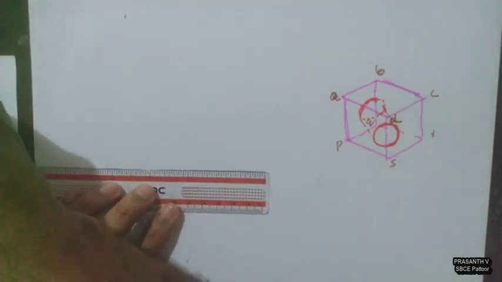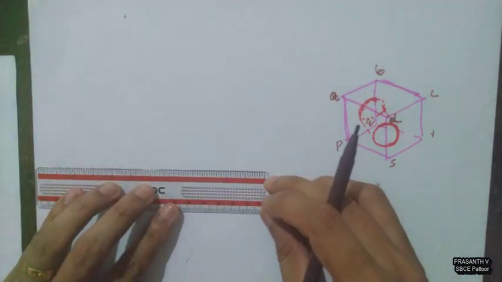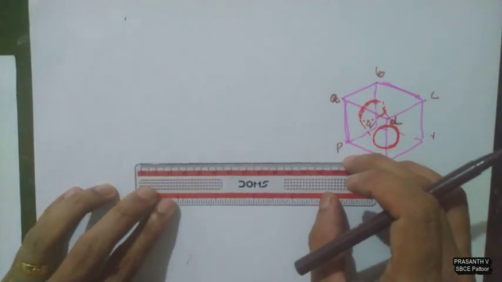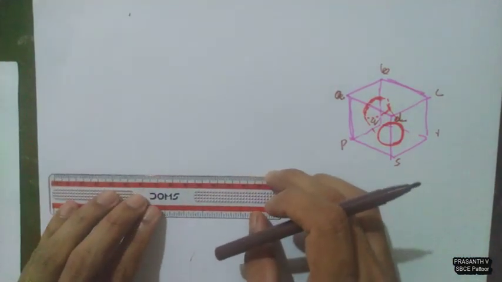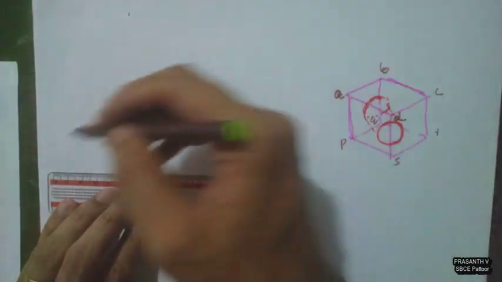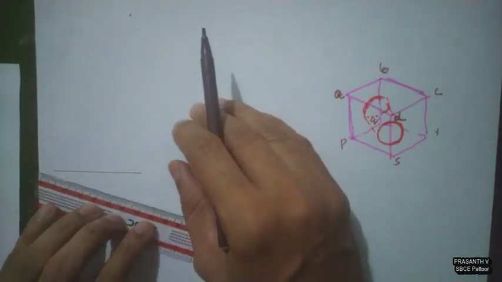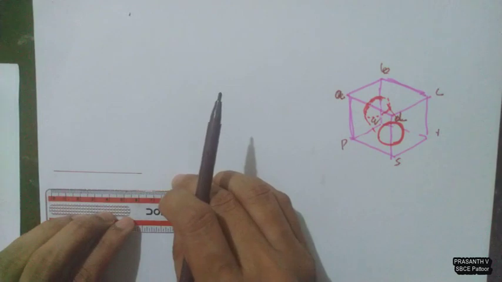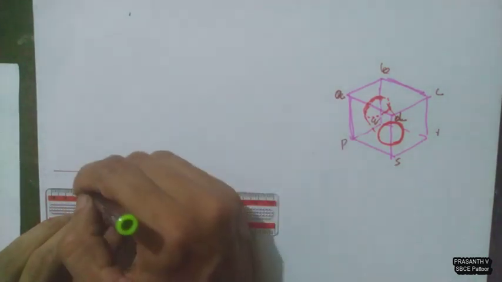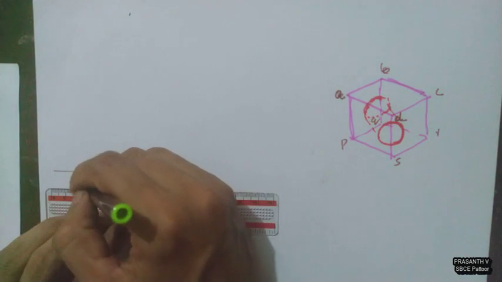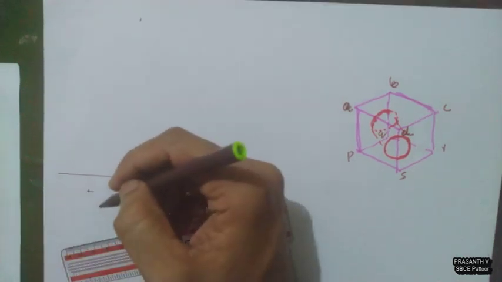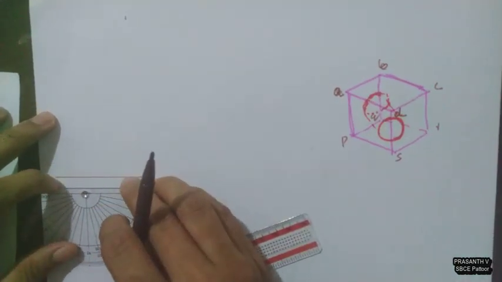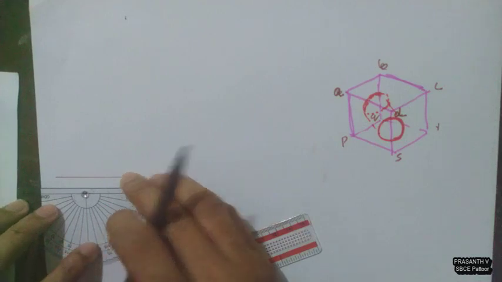Draw XY line. The top view will be a square, and the sides of the square should be equally inclined to VP. Just put your protractor here, take 45 degrees.